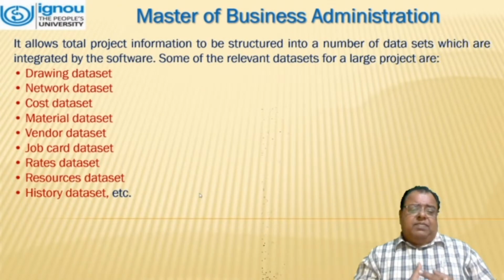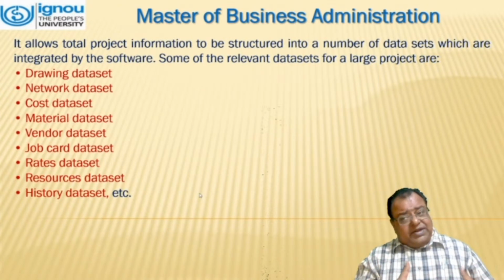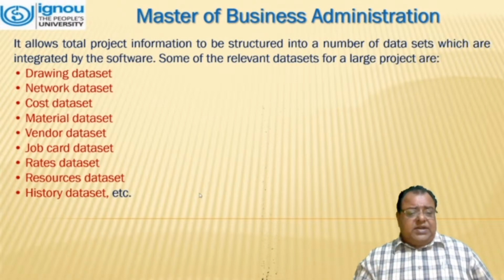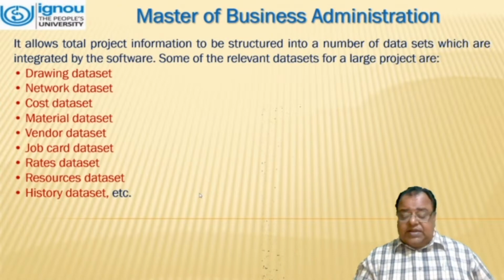It allows total project information to be structured into a number of datasets which are integrated by the software. Some of the relevant datasets are what I have already shown to you in the figure. For large projects: drawing dataset, network dataset, cost, material, vendor, job card, rates, resources, history, and many more.